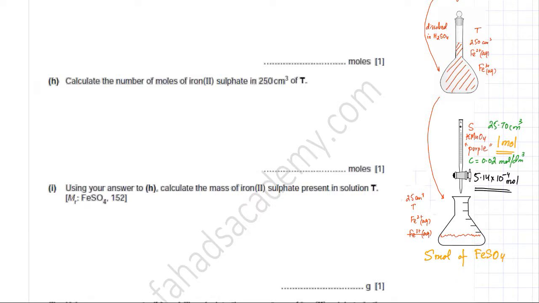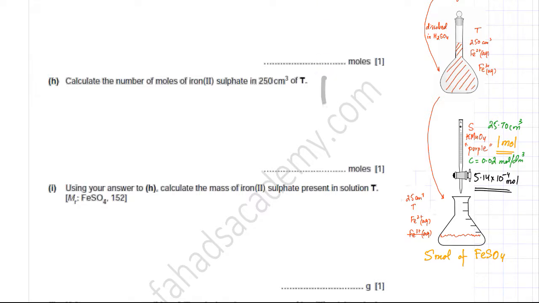So we know the ratio now, and the ratio is 1 mole reacts with 5 moles of FeSO4, but we have 5.14 into 10 to the power minus 4 moles. So what is the quantity of FeSO4 in the flask over here? So the ratio is given, 1 reacts with 5. So what would 5.14 into 10 to the power minus 4 moles react with?